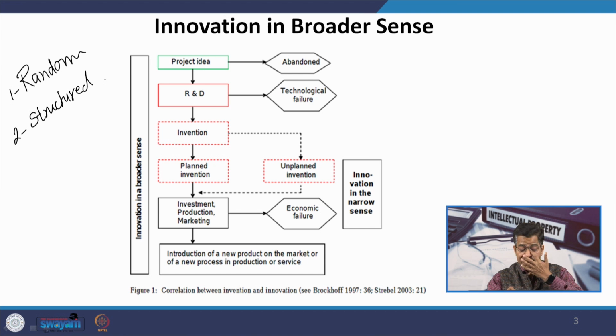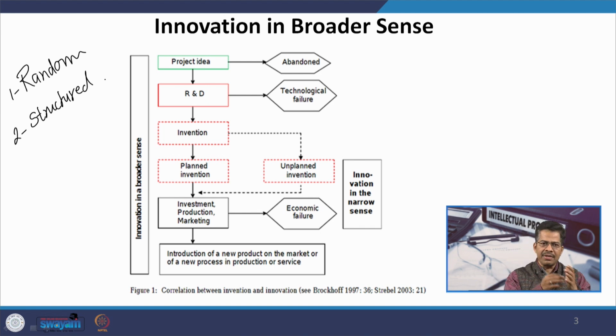Now, when I am doing structured innovation, which I want to do in my organization, because random innovations may be very good sometimes, may be out of the world also, but I cannot rely completely only on these random innovations. I need to create an environment of innovation in my organization.